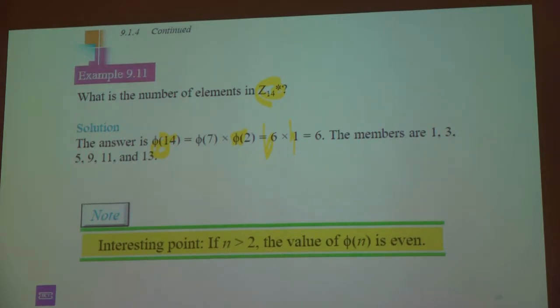Okay. An interesting point: if n is greater than 2, the value of phi of n is always even. For example here n is 14, is it greater than 2? Yes. So the number of elements that are coprime is even.